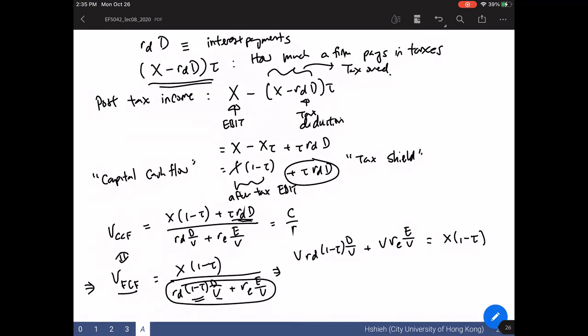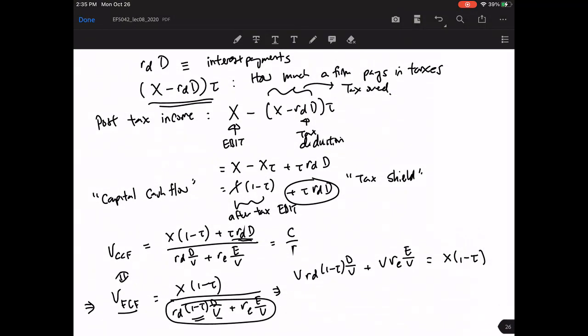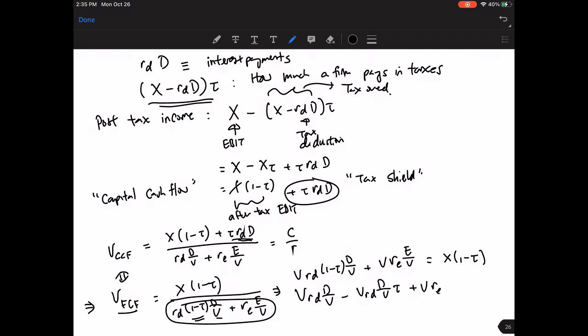We get the following expression: V RD D over V minus V RD D over V tau plus V RE E over V equal to X1 minus tau.